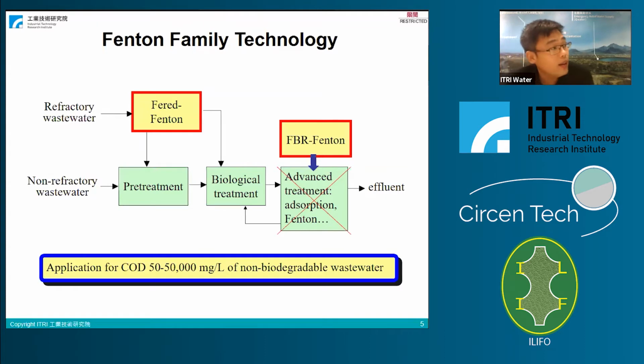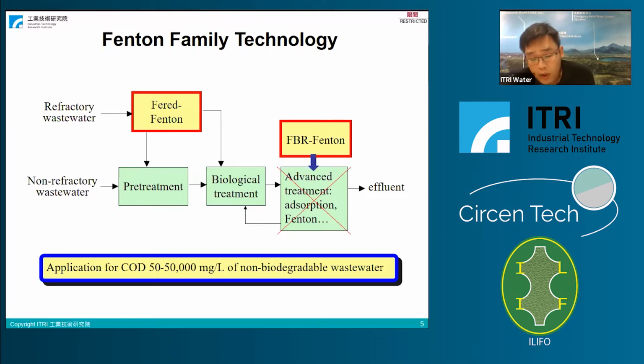The organic wastewater could be divided into refractory and non-refractory. In general, non-refractory wastewater goes to a conventional biological treatment unit, and the refractory wastewater goes to the Fered-Fenton unit.